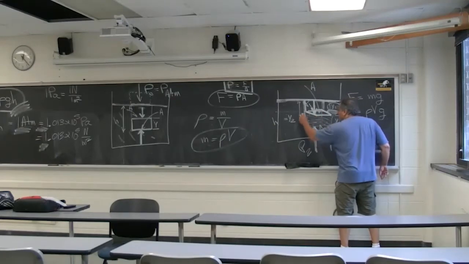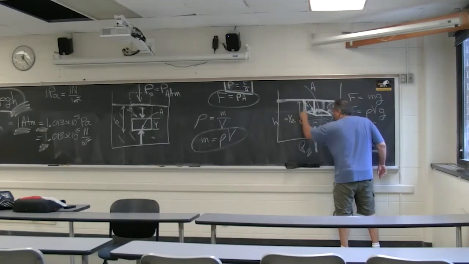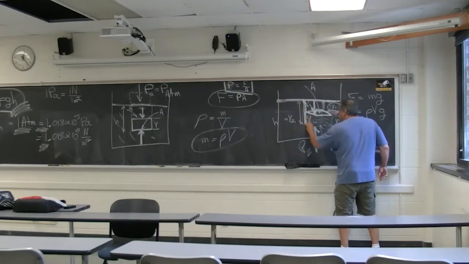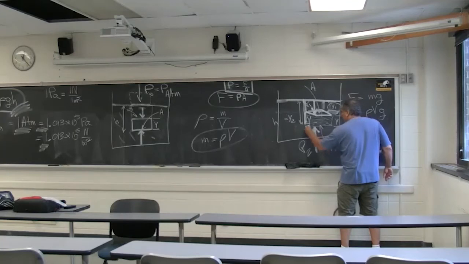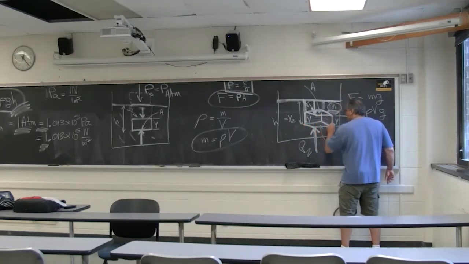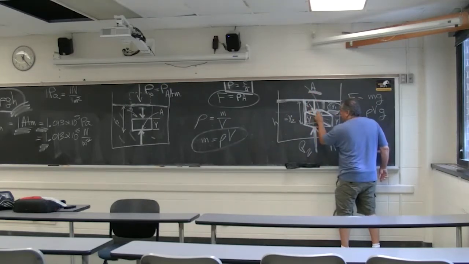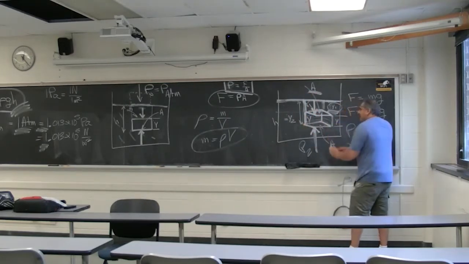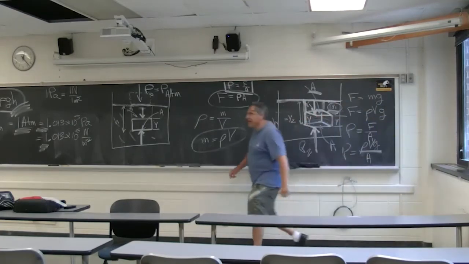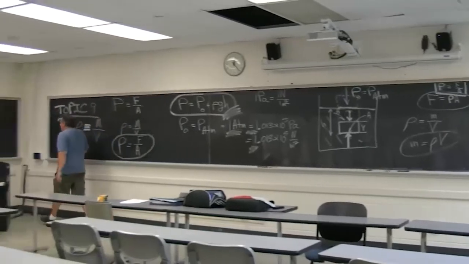That's A. All the way down is Y2, partially down is Y1. Y2 minus Y1 is Y. What is area A times Y? It's the volume of the solid.